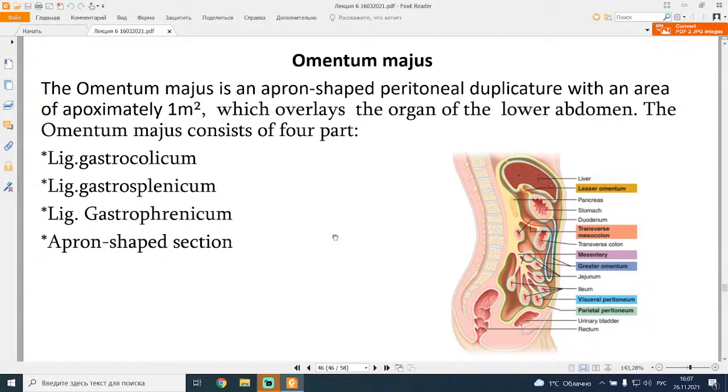The omentum majus consists of 4 parts: ligamentum gastrocolicum, ligamentum gastrosplenicum, ligamentum gastrophrenicum, and the apron-shaped section.